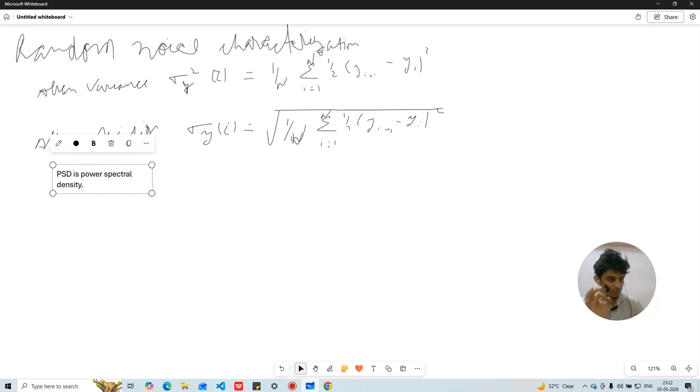Hadamard removes slow drift. Phase noise shows how noise is distributed across frequencies in the frequency domain. Phase noise density, PSD, is power spectral density.